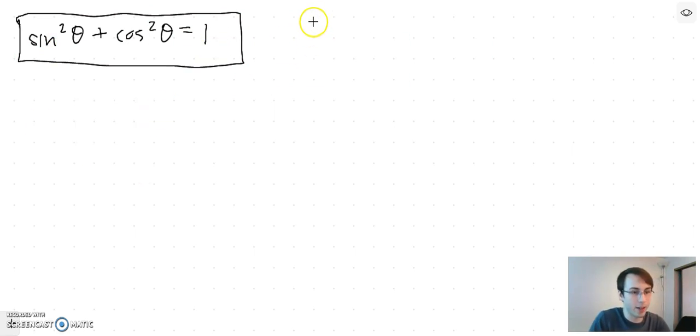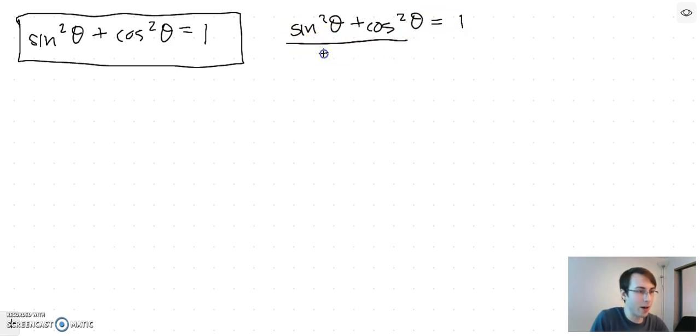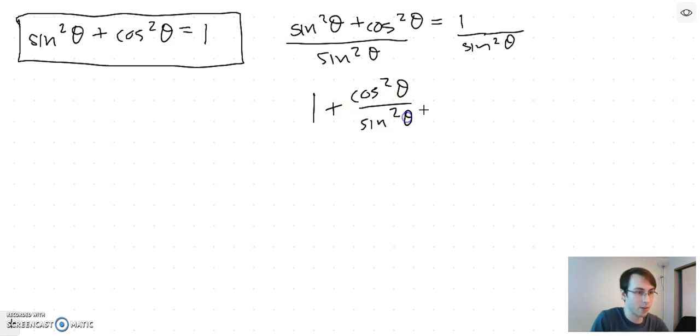We can get another big formula by taking that formula, sine squared theta plus cos squared theta equals 1, and dividing both sides by sine squared theta. And we can write it in terms of other trig functions. So sine squared theta over sine squared theta just equals 1, plus cos squared theta over sine squared theta, equals 1 over sine squared theta.